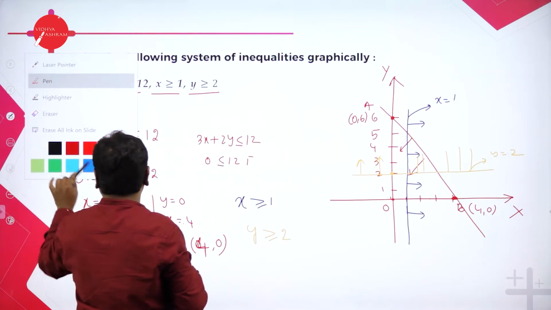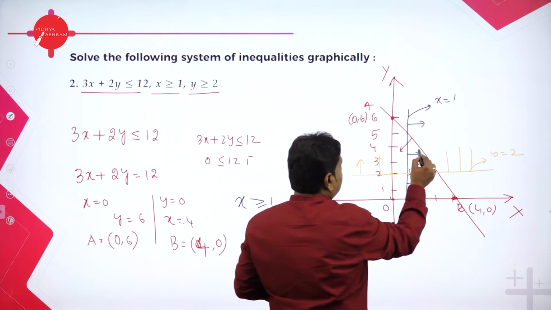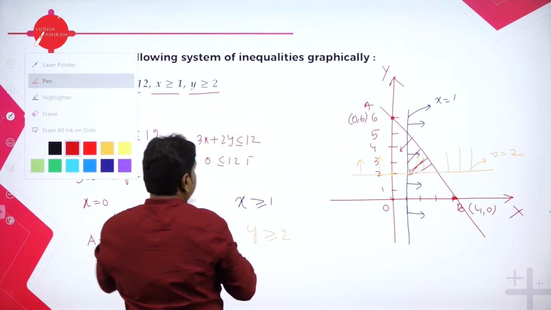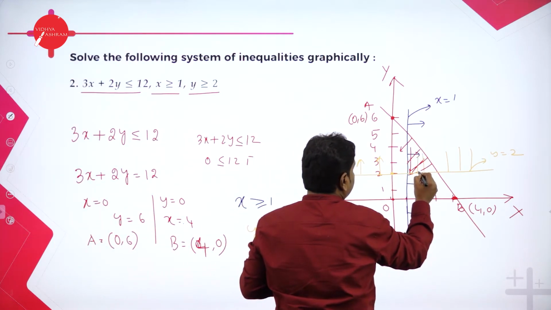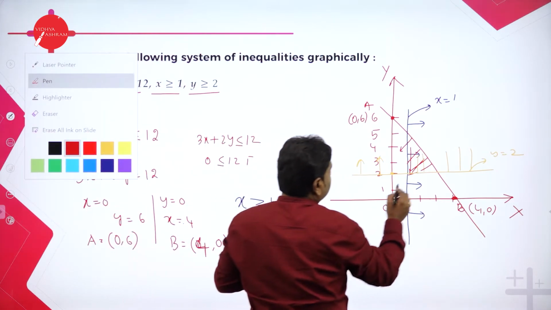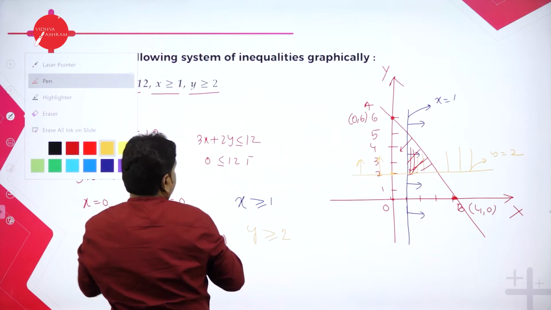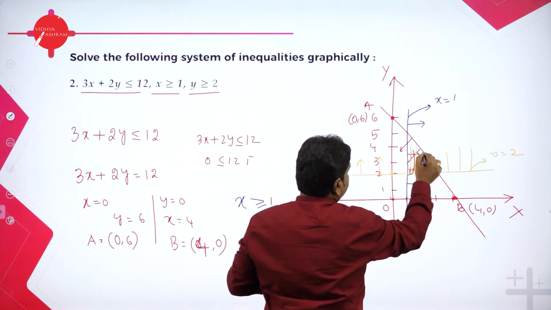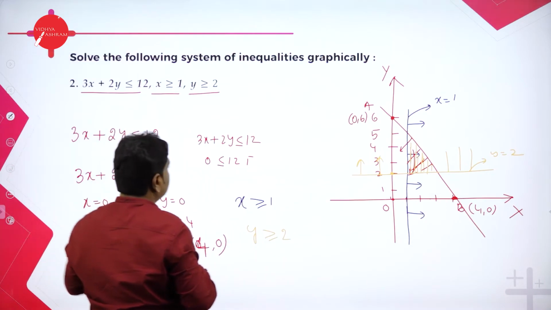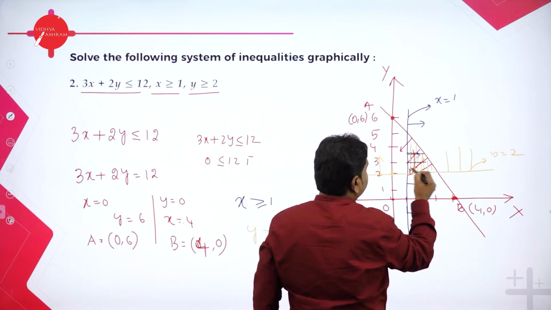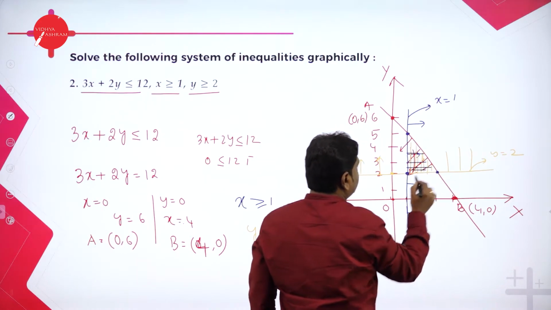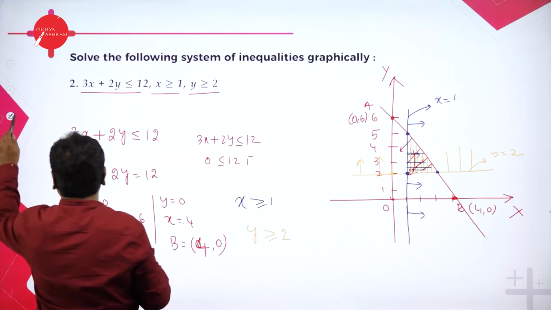The red lines are coming down, the yellow lines are going up, and the blue line is going towards the right. All are mixing in this region. That region is the feasible region or solution region.